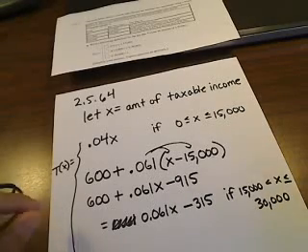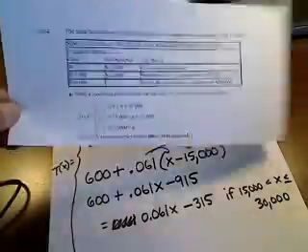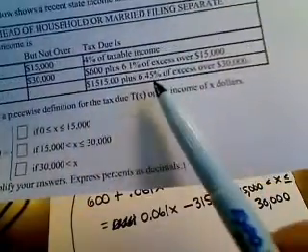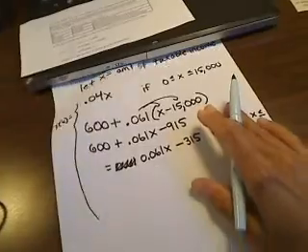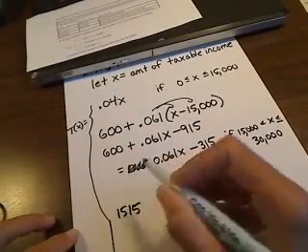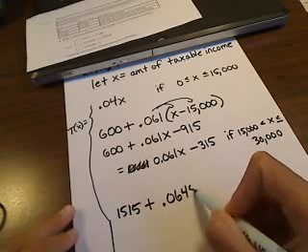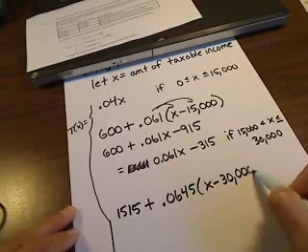All right, and then you do a very similar thing if you're over 30,000. It says it's 1515 plus 6.45% of the excess over 30,000. So it's going to look very similar: 1515 plus 0.0645 times (x minus 30,000).